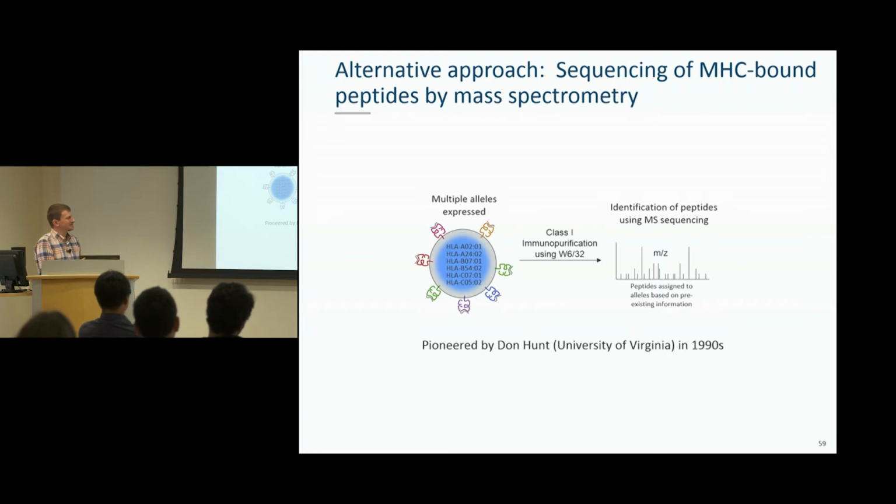You lyse those cells, and then you add an antibody, which pulls the peptide MHC complexes out, and you have a purified mixture of peptide MHC. You shoot that into a mass spectrometer, and the mass spectrometer reads out the peptide sequences for you. The mass spectrometry is actually much more complicated than that, but I'm just going to leave it at that. So we are able to find the collection of peptides that are presented on these cells.